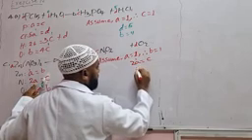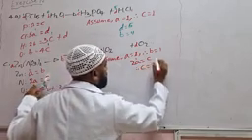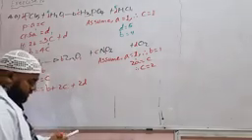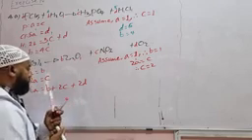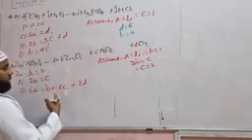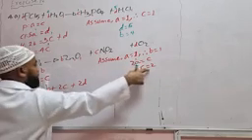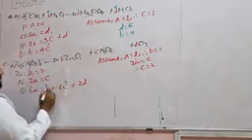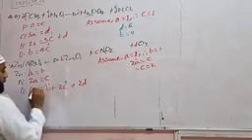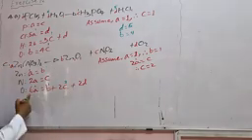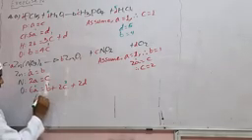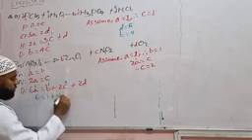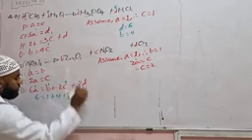Therefore, C is equal to 2. From now onwards, we'll substitute the values here. C means 2, so write 2 in place of C. B means 1. A is also 1. Therefore, 6 times 1, 6, is equal to 1 plus 2 times 2, 4, plus 2D.